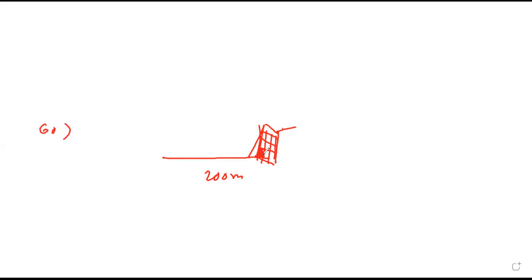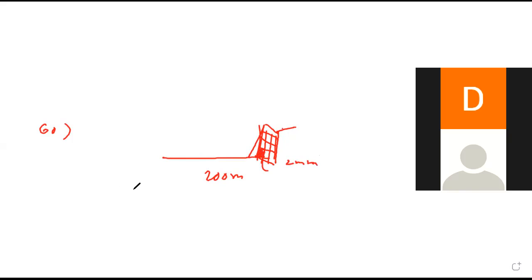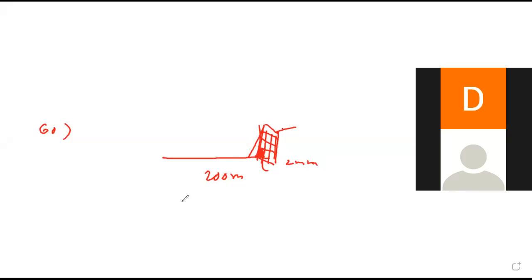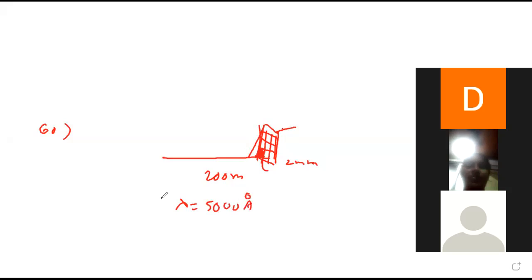The spacing between wire mesh is 2 millimeter. The wavelength of light is 5000 angstrom. Minimum diameter of the telescope must be. So D we have to calculate.